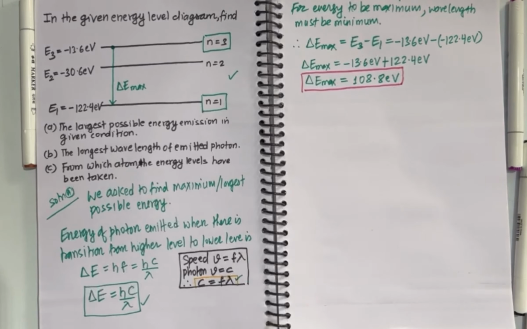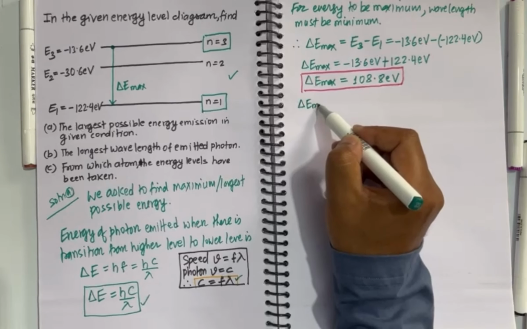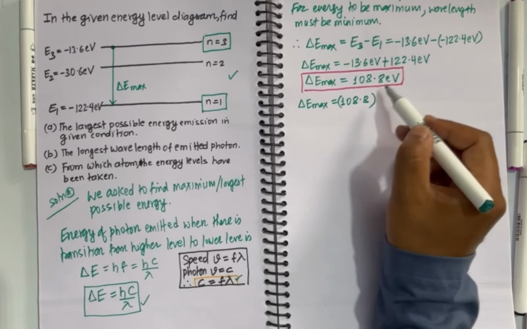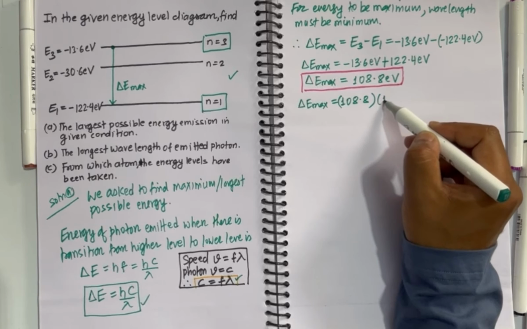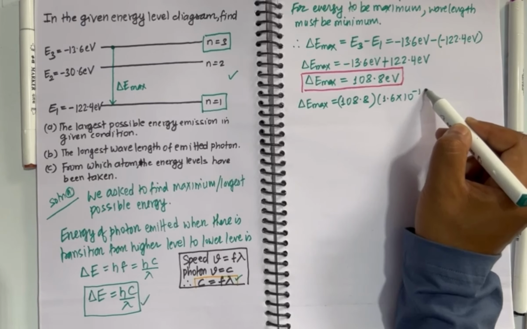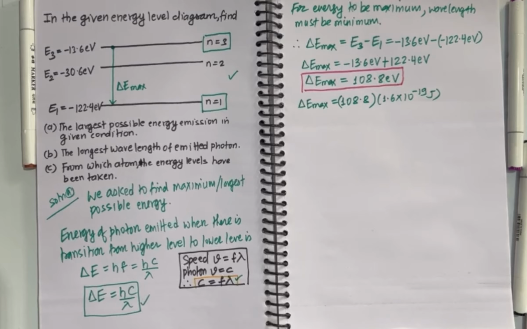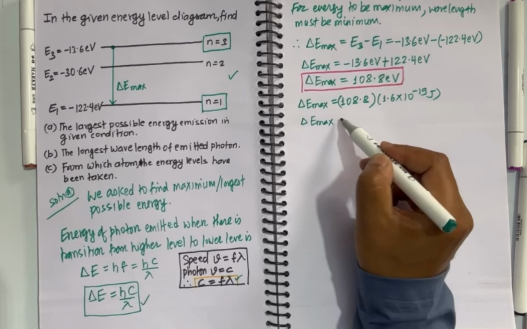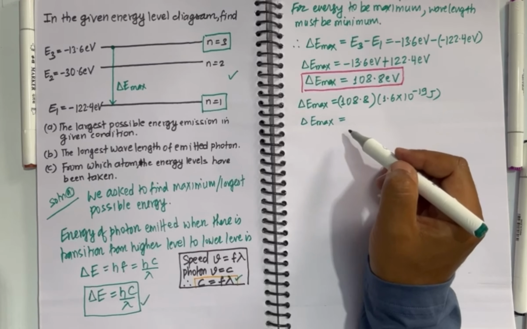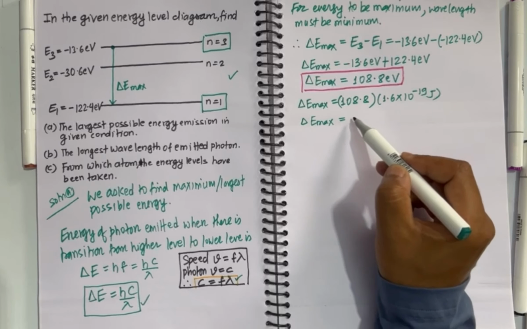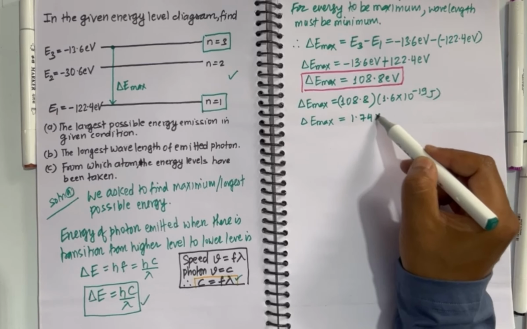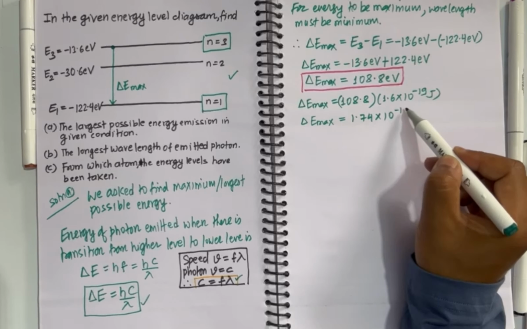That is the largest possible energy, and we can change this in joule also. Delta E max equals 108.8, and we know 1 electron volt equals 1.6 times 10 power minus 19 joule. So on simplification we get the maximum energy or largest energy in joule is 1.74 times 10 power minus 17 joule.